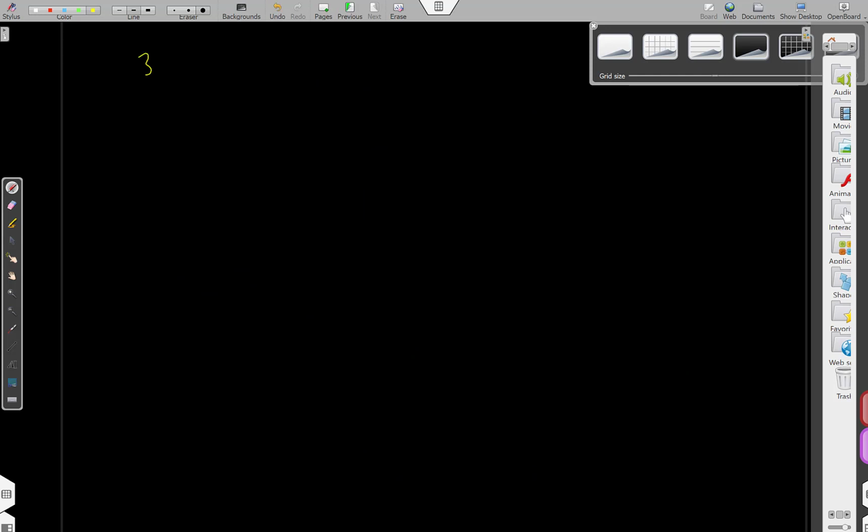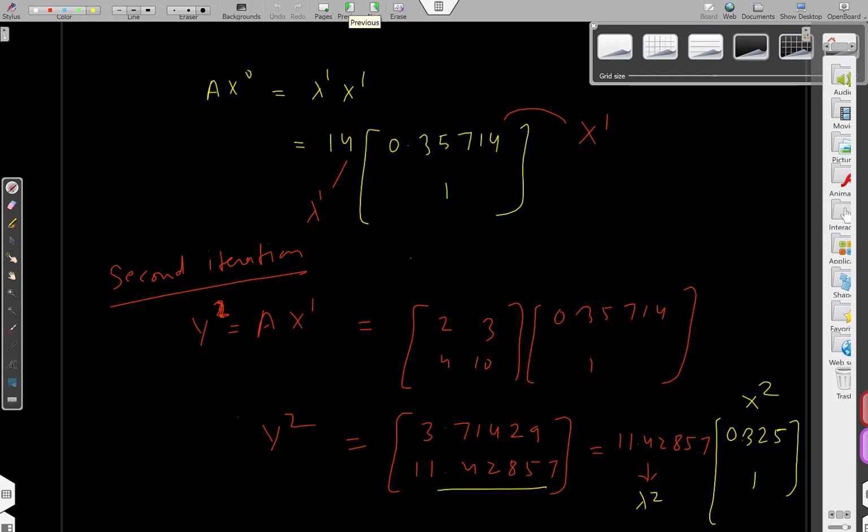We will compute y3 equal to A x2. So y2 is what we computed, and we are writing A x1 as lambda 2 x2. This x2 is your eigenvector for the next iteration.